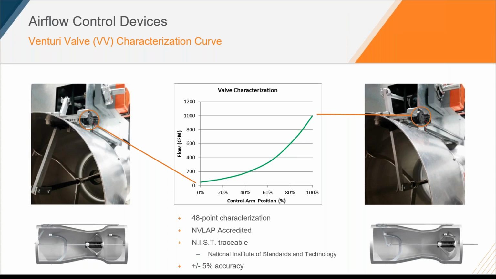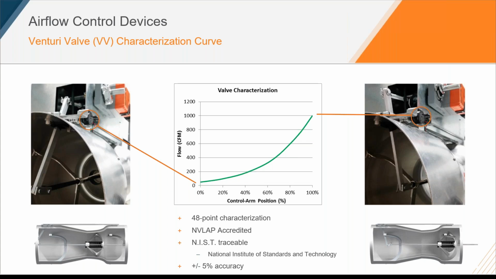At the factory, we take the control arm position, which is measured through a precise potentiometer. By measuring the position of the control arm through the potentiometer, we can calculate and determine what the airflow going through the valve is.